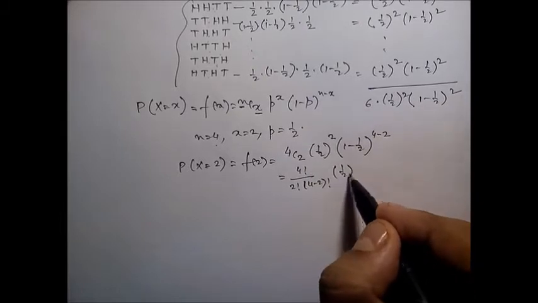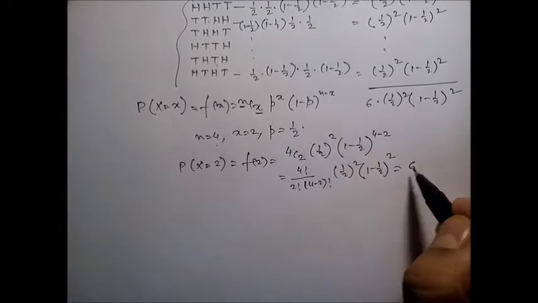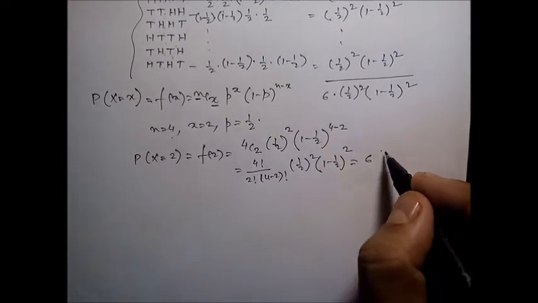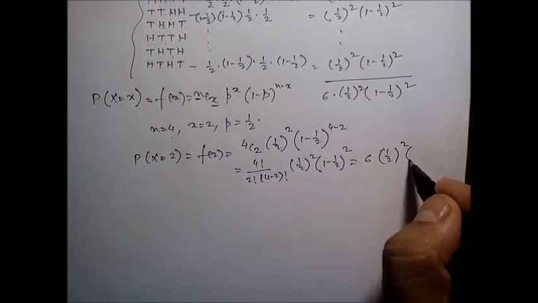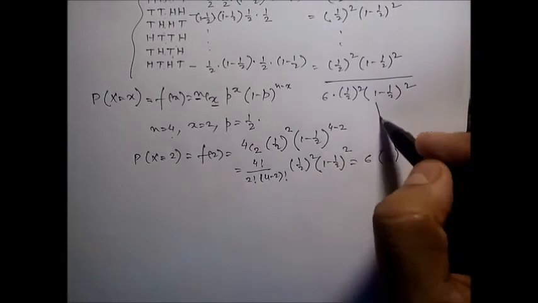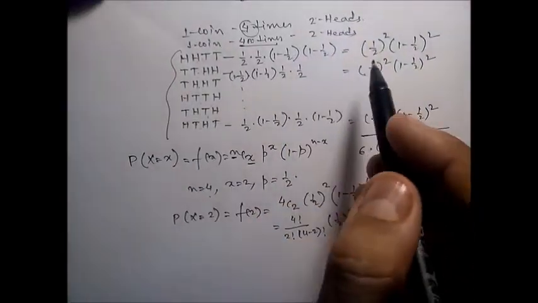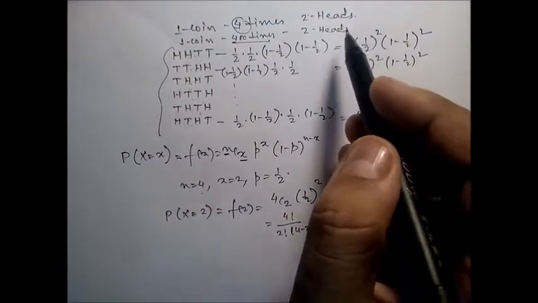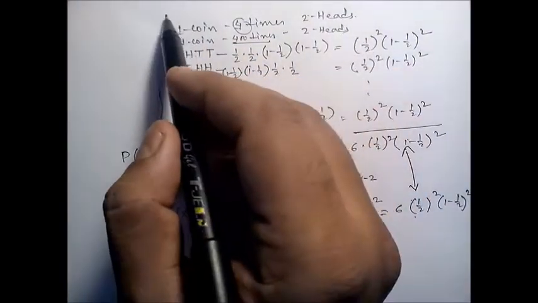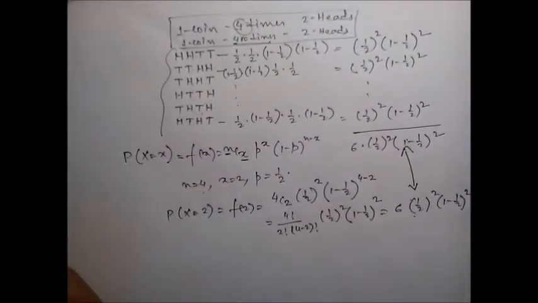Then (1/2)^2 (1 minus 1/2)^2, that is 6 into (1/2)^2 (1 minus 1/2)^2. Now we can see both are the same thing. To apply this type of concept, we have to use binomial distribution.